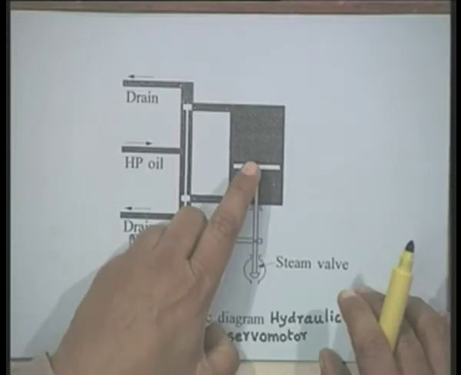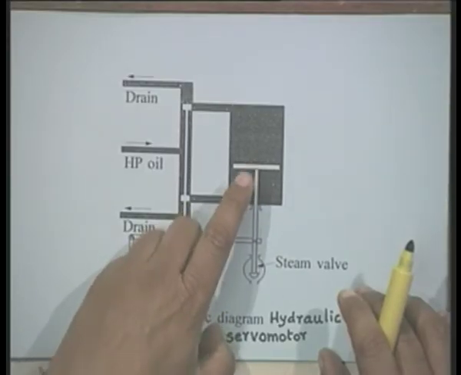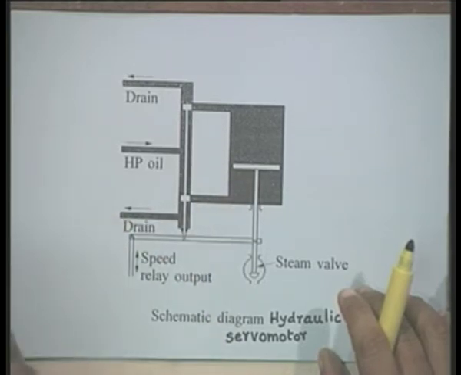Now, when we try to develop the model for these devices, we have to look into two aspects. One is that the movement of this piston for a certain particular opening will depend upon the flow of oil at a certain pressure. Therefore, this movement can be considered to be a function of time. As the time passes, it increases.